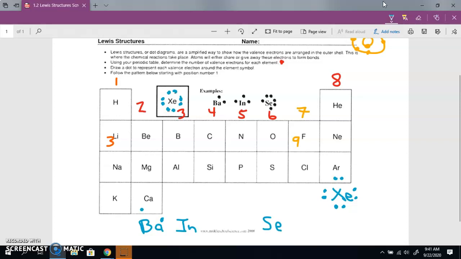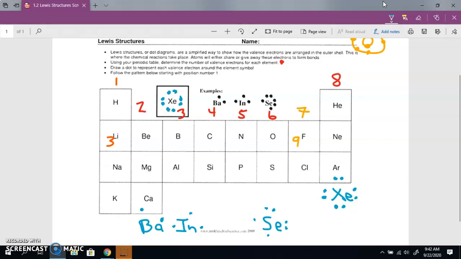Indium is in main group 3, so it would get 3 electron dots. It would go single, single, single. Selenium is in main group 6, so it has 6 valence electrons. Remember, singles first, so single, single, single, single before double, double. So importantly, you can see that selenium, which is in main group 6, 6 valence electrons, has 2 pairs of electrons plus 2 so-called unpaired electrons.